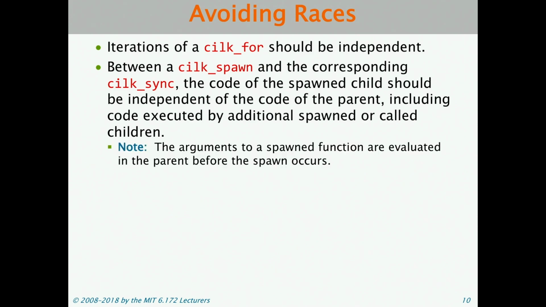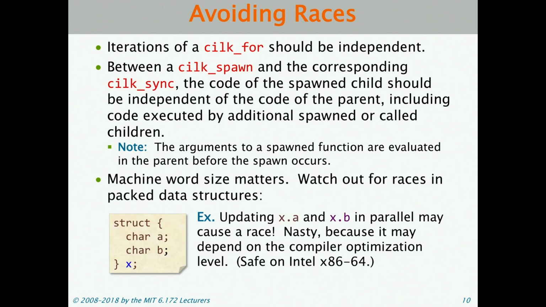One thing to note is that the arguments to a spawn function are evaluated in the parent before the spawn actually occurs. So you can't get a race in the argument evaluation because the parent evaluates these arguments, and there's basically only one thread doing this. So it's fine.